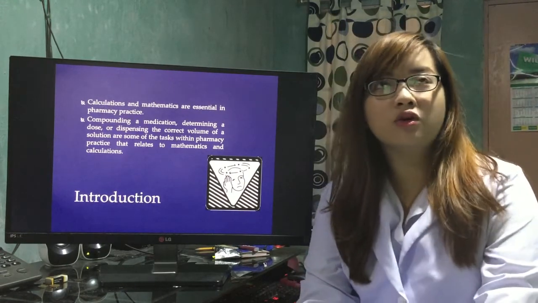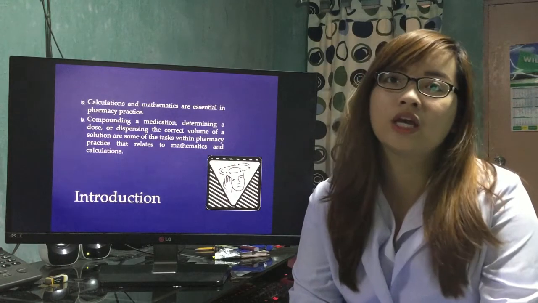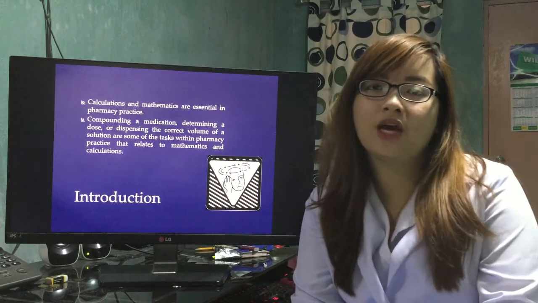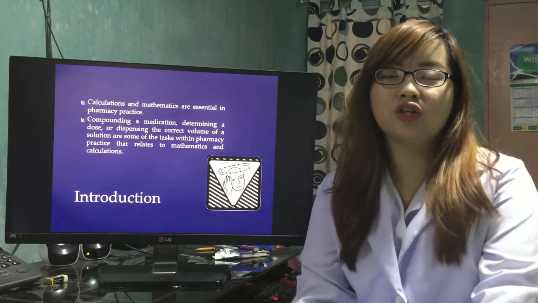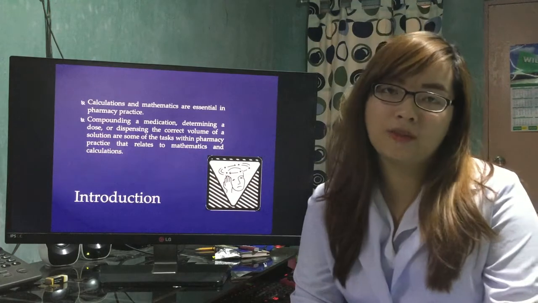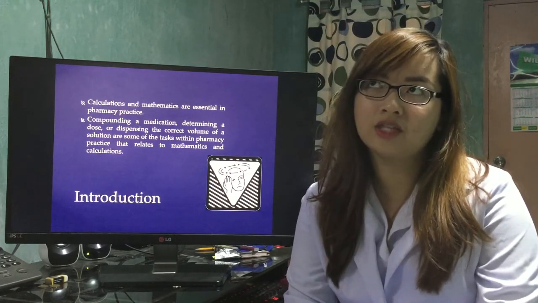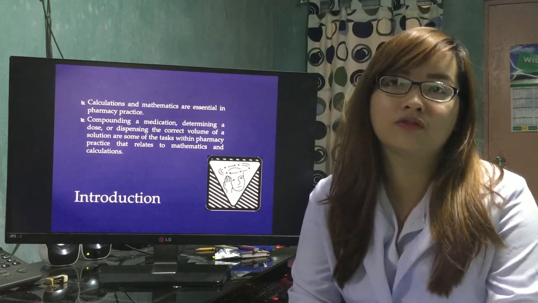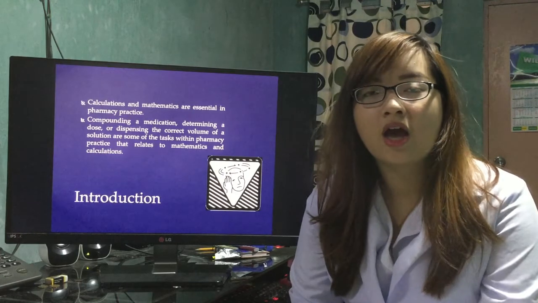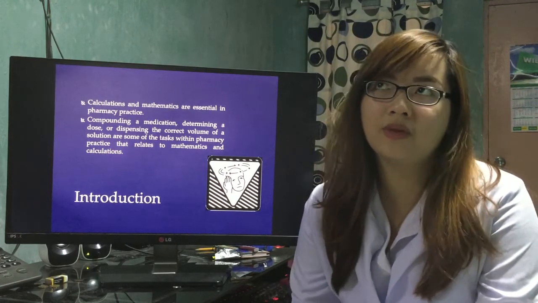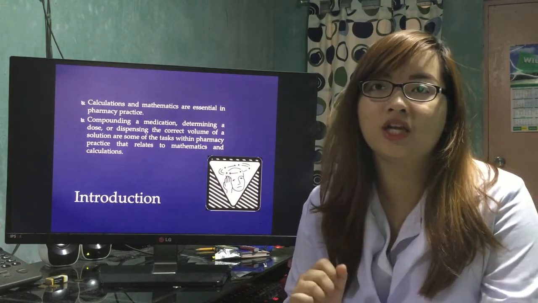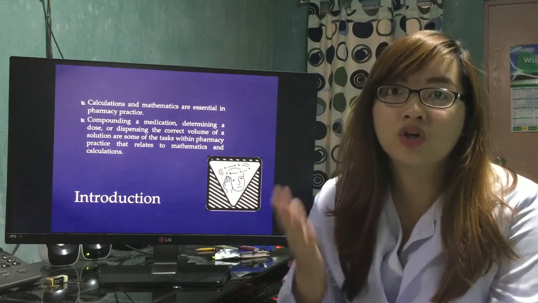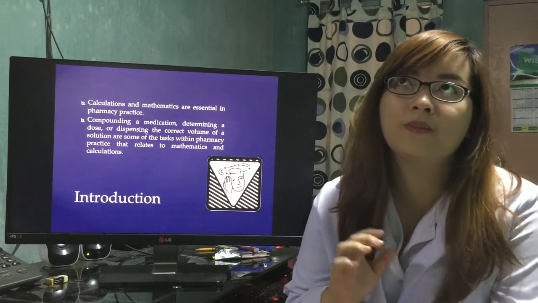Underdosing, overdosing, or other serious consequences may happen when a mistake is committed in calculations or measurement, and this may lead to inadequate treatment or drug toxicity. It involves basic arithmetic, along with knowledge and understanding of rounding numbers, fractions, ratios, proportions, and percentages.